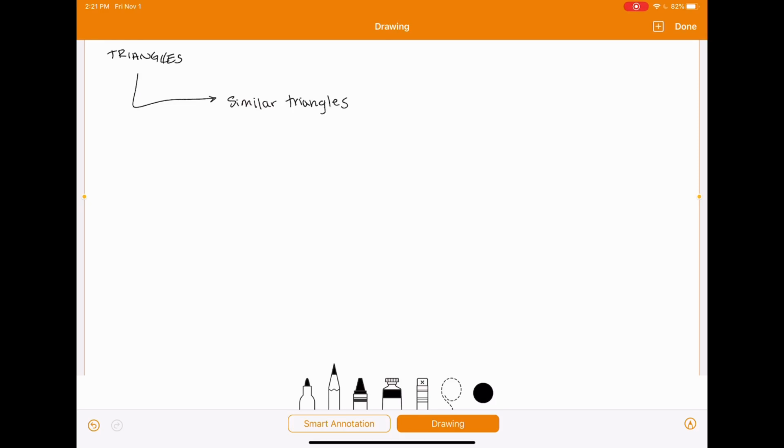So similar triangles are triangles that are different sizes, but have the same angles. So this angle here is going to be equal to that angle there. This angle here is equal to this angle here. But again, the side lengths are different. And of course your 90-degree angle is going to be the same.